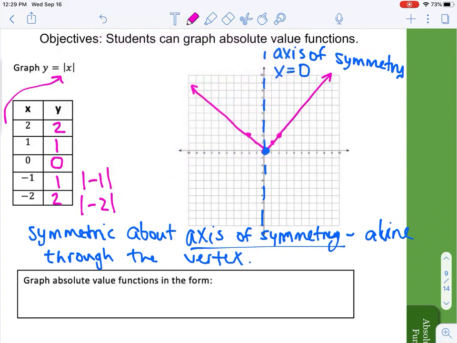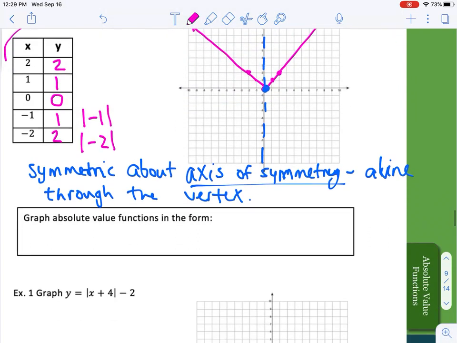Okay, so our equation to graph absolute value functions in a specific form is y equals a times the absolute value of x minus h, plus k, and we'll learn what a, h, and k do to our function.